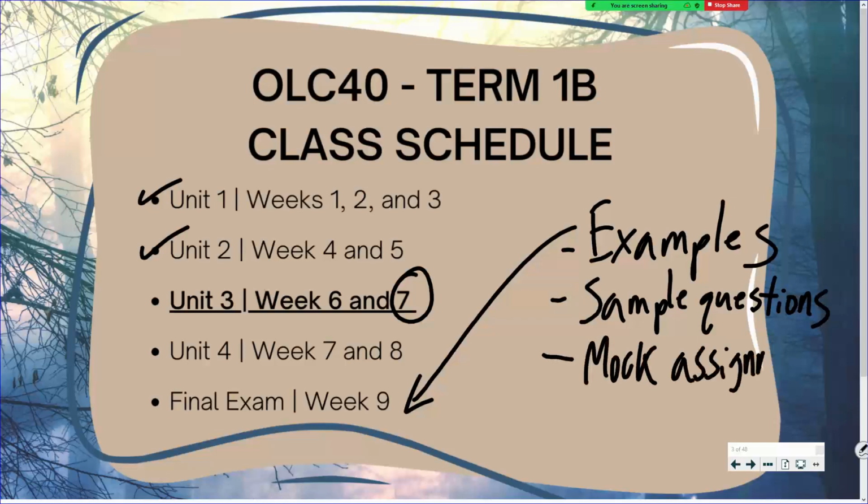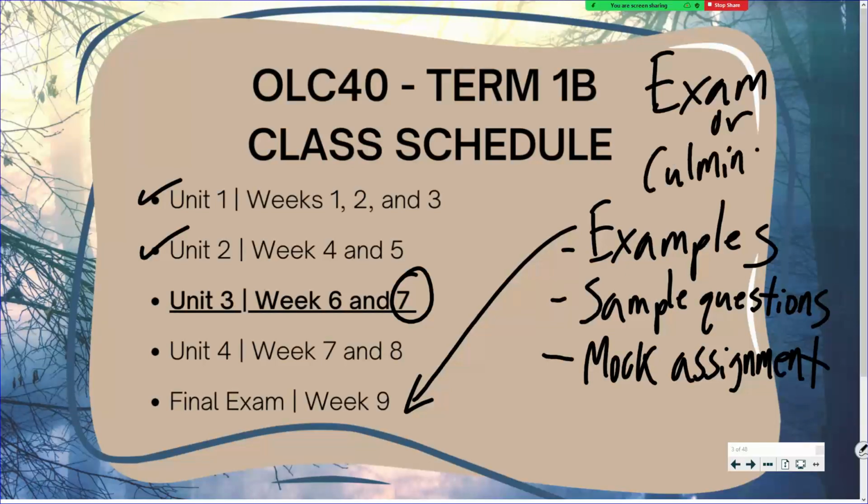As I've mentioned a few times, you'll either write a final exam or you'll do a culminating activity. In order to write an exam, you've got to have somebody in your community invigilate, proctor it, just be in the room while you write it. If that can't be arranged, then you have to do the culminating activity.